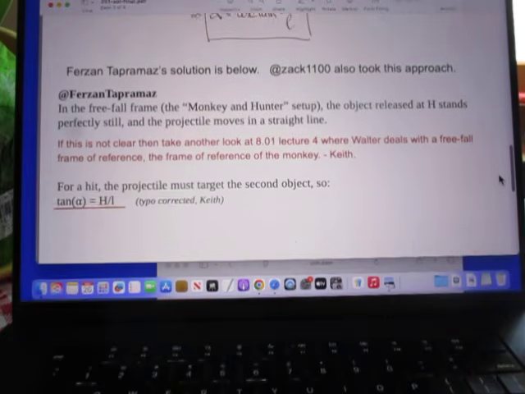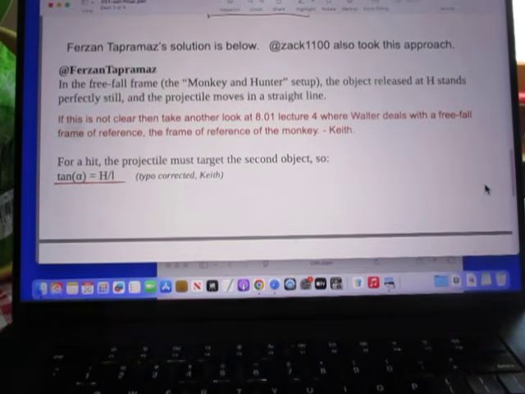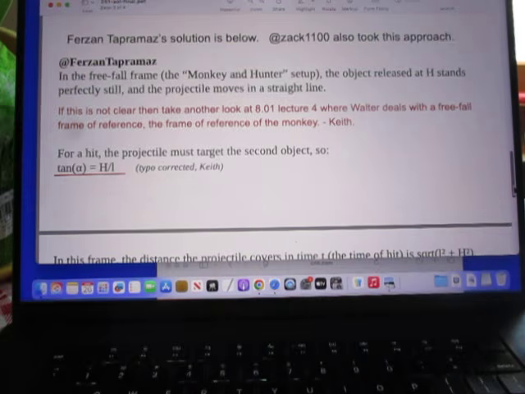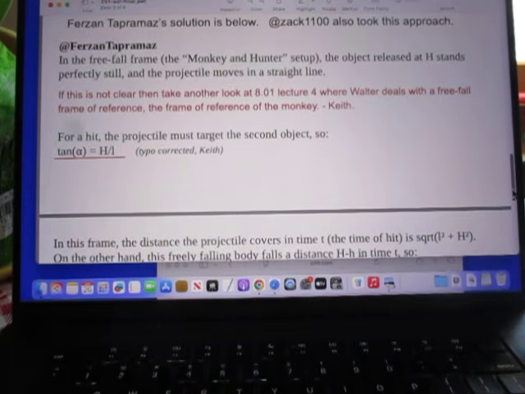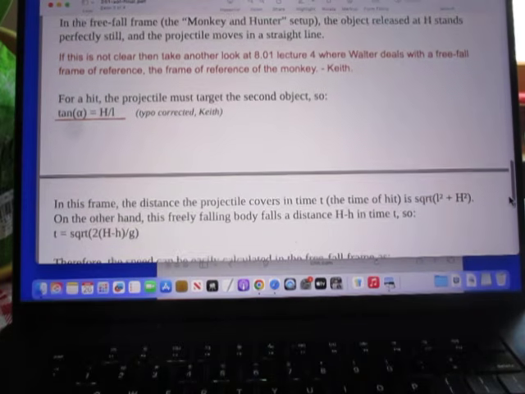Fuhrson's solution is below. And he mentions that another viewer also took that approach. In the free fall frame, the object released at capital H stands perfectly still, and the projectile moves in a straight line.